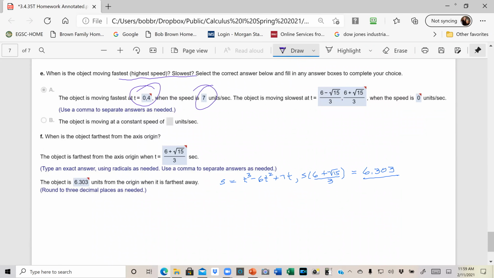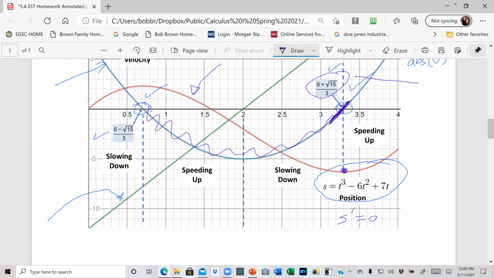Notice that point is where S prime equals 0, and that corresponds to the 0 for the velocity function. Obviously, the velocity is a derivative of the position, and that point is given here, 6 plus the square root of 15 over 3.